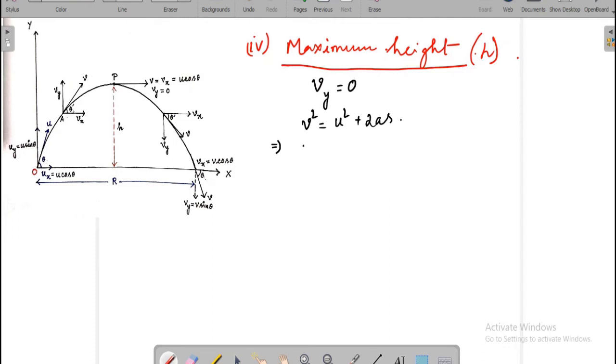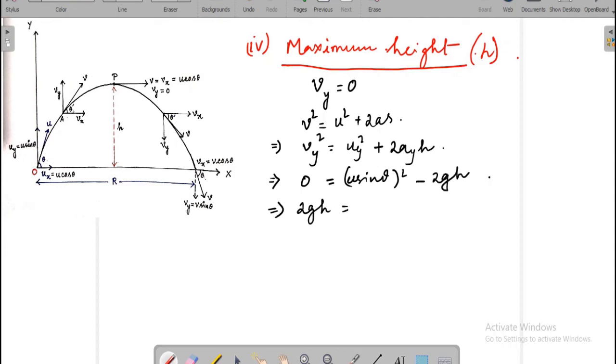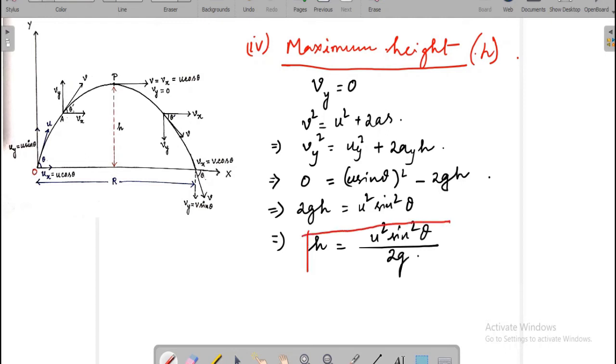So we can write Vy square is equal to uy square plus 2ay into h, 0 is equal to u sine theta whole square minus 2gh. So 2gh is equal to u square sine square theta. Therefore, h is equal to u square sine square theta by 2g. This is our maximum height attained by the projectile.